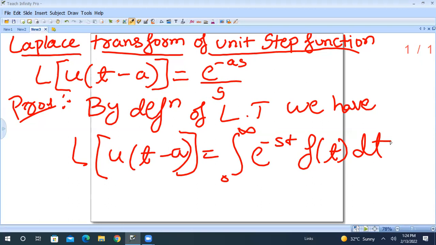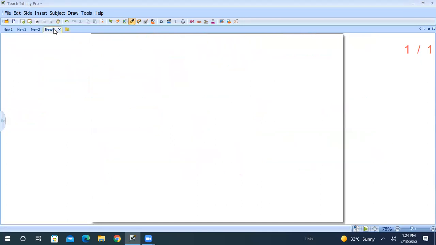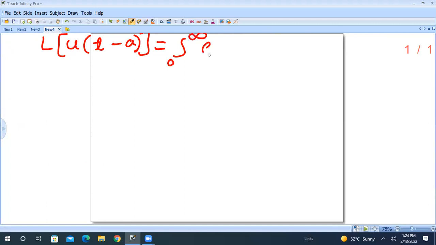Next, we assume here that there are already two functions. By the definition of the unit step function we have two formulas, that is, two conditions. So let us start with the definition: integration 0 to infinity e to the power of minus st f of t dt.